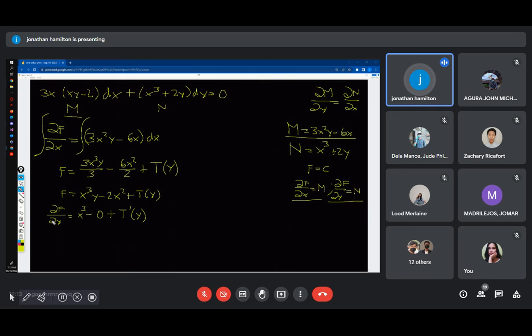So, since gi-derive nato ni siya with respect to y, we could also notice na this is familiar. Ang atong partial derivative of f with respect to y is our value n, which means we can substitute this with our value here na n, which means we get x cubed plus 2y is equal to x cubed plus t prime of y.